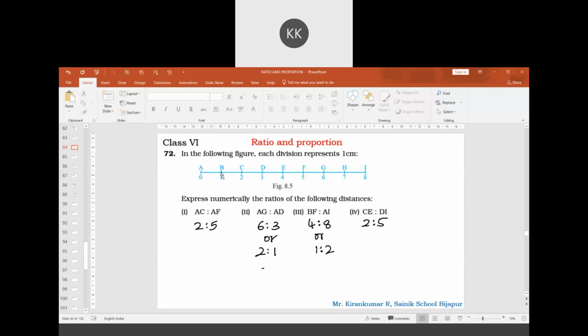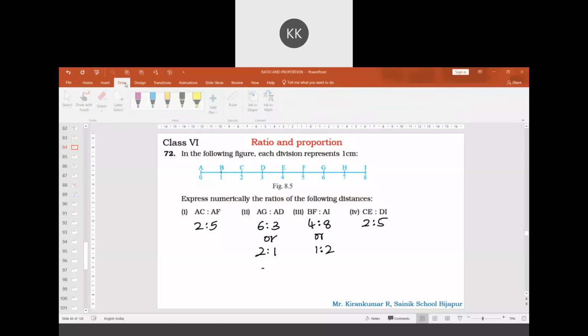AF will be the sum of these: 1 plus 1 plus 1 plus 1 plus 1. So totally 5 parts are there, so 5 centimeters. Therefore, the ratio is 2:5.